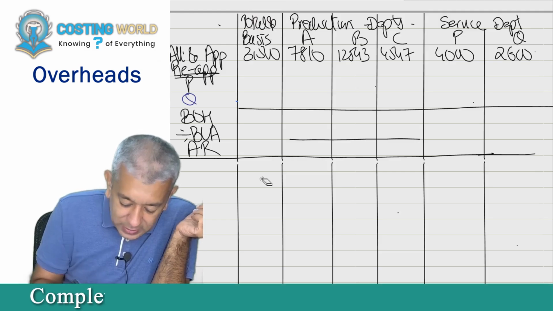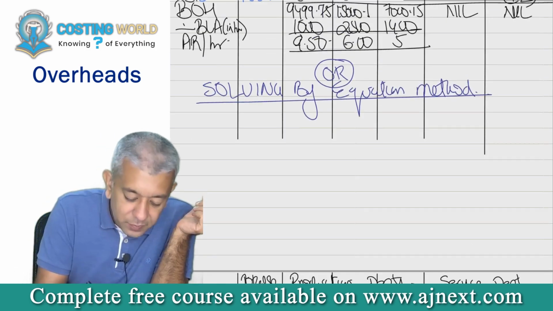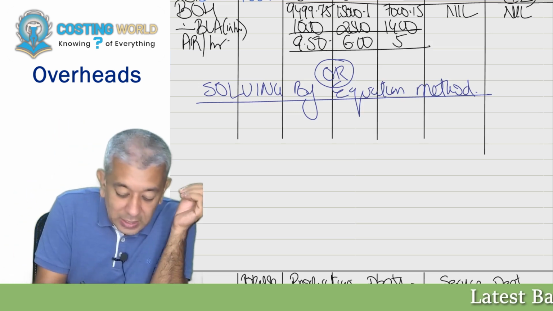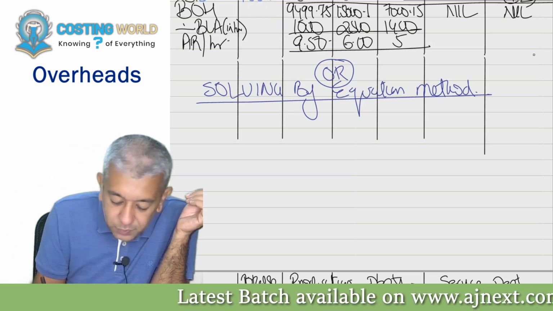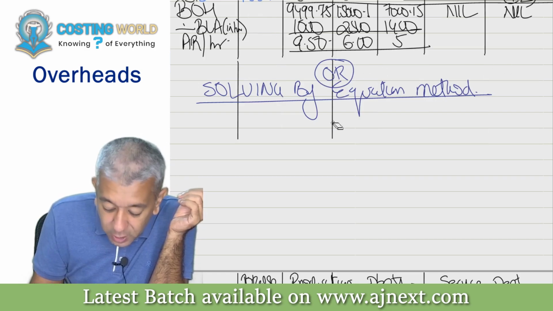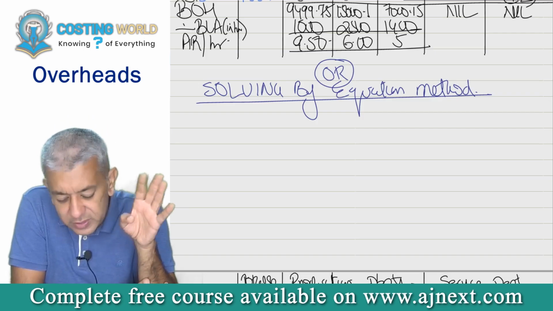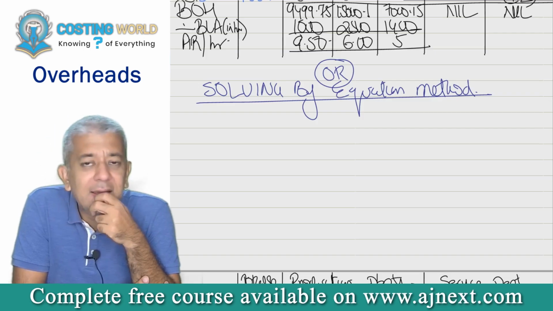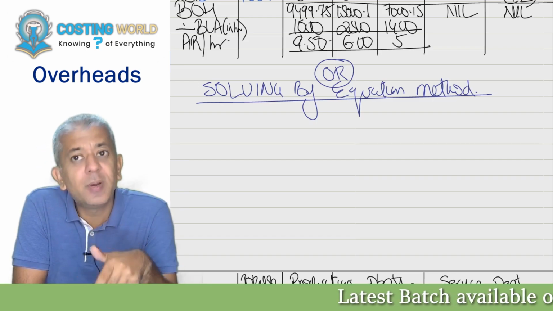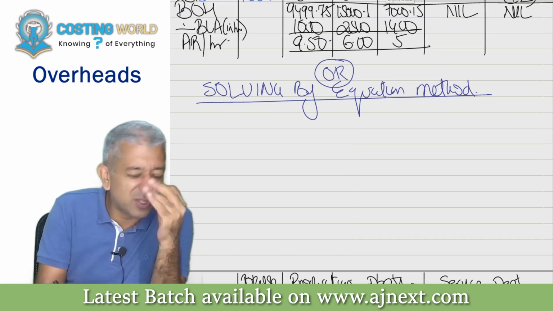Now, in case you want to solve by equation method, then understand this thing very clearly, because this thing ultimately might take a toll on you, and in the end you might end up confused. If in the end you are confused, then there is only one option: solve more questions of the homework section and do by the method that we all have done already. That might be a better choice, but I don't think you all will get confused.